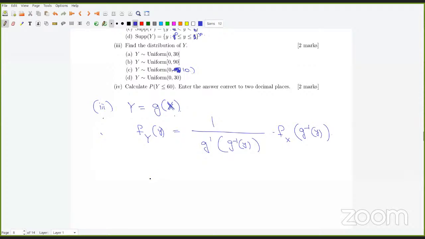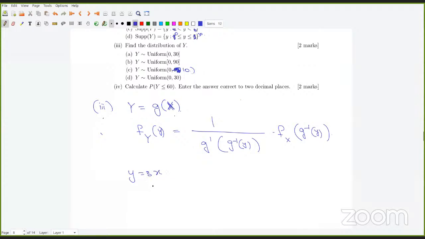Let us compute the PDF. Let us try to find the PDF of this random variable y. In order to find that, we need to know what is g inverse of y and what is dg by dy, so this g dash. Y is 3x, given that y is equal to 3x.